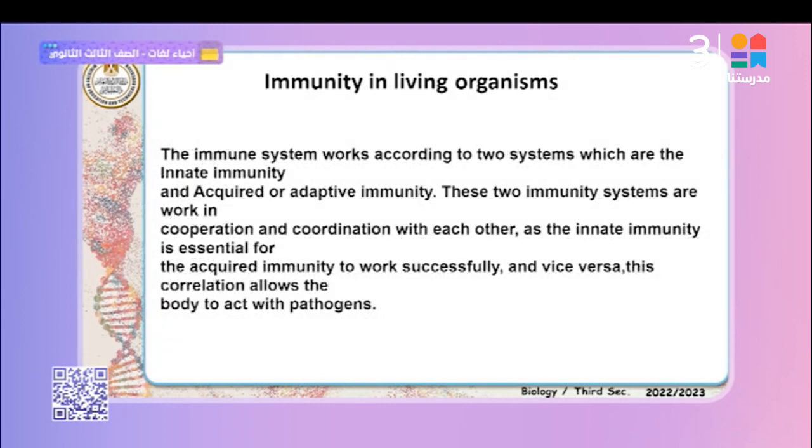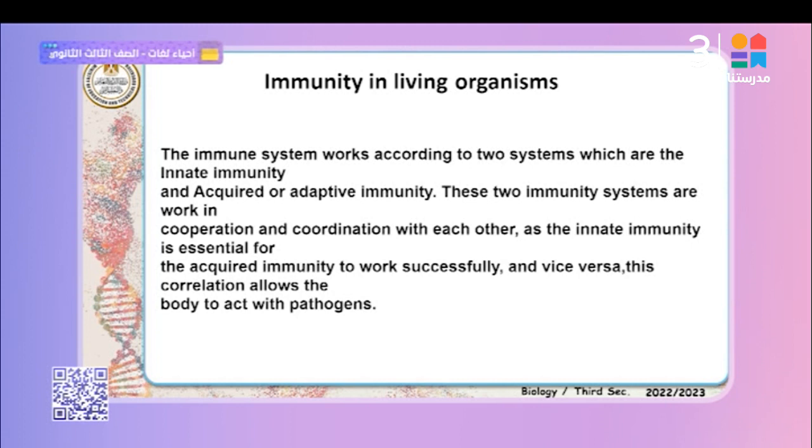The immune system works according to two systems. Innate immunity represents natural immunity and acts as the first line of defense. It is called natural barriers, which prevent microbes and pathogens from entering the system. And acquired or adaptive immunity does not occur unless the body is invaded by microbes and pathogens. No invasion, no acquired immunity.